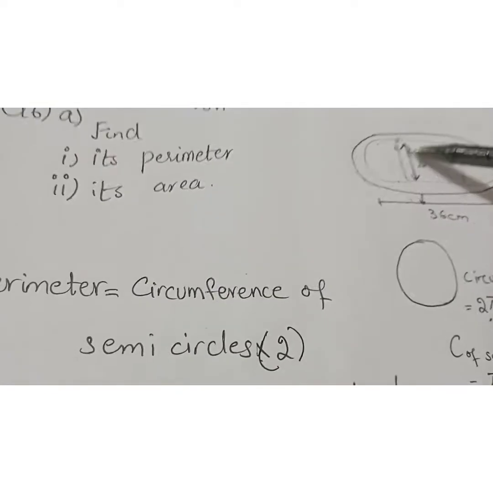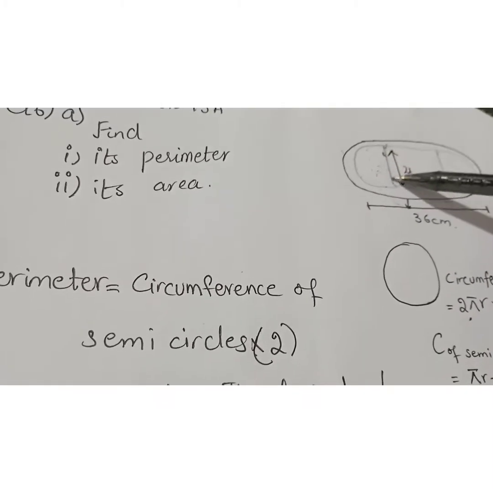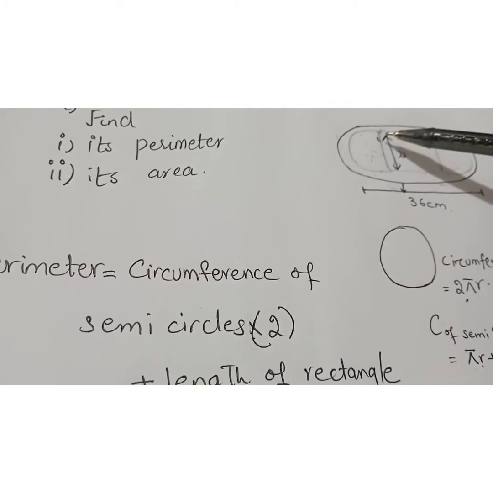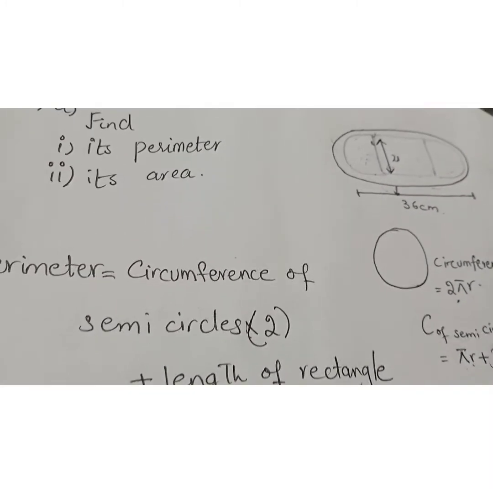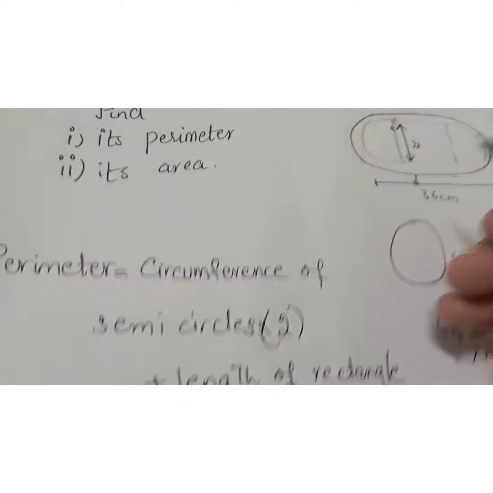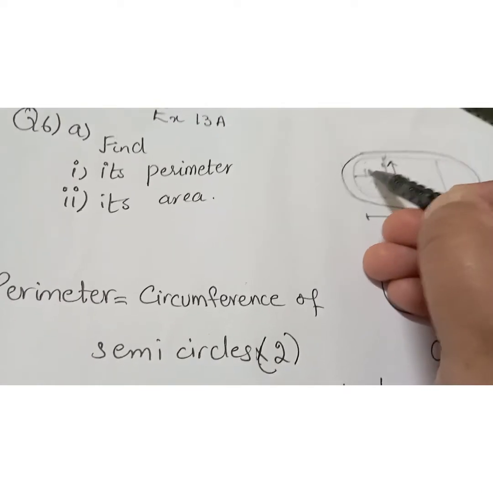Now, since I know that this is 21 centimeters, from this we understand that this is the diameter of the semicircle, or the diameter of the circle. So for the radius of the circle, we may say that it would be half of the diameter, and that would be 21 divided by 2, which is 10.5.